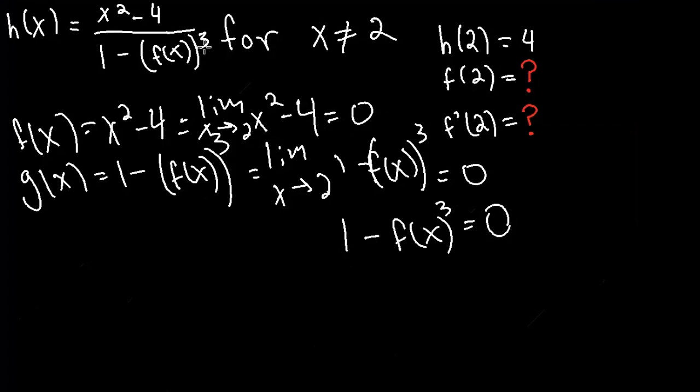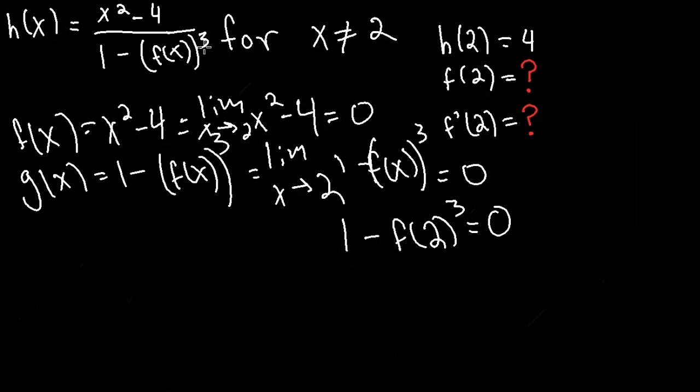We know that when we approach it, we get 0. In other words, we can write this as f of 2 cubed is equal to 1, because when we're approaching this, we should get 0, right? And that's what we have here. This is what it tells us.